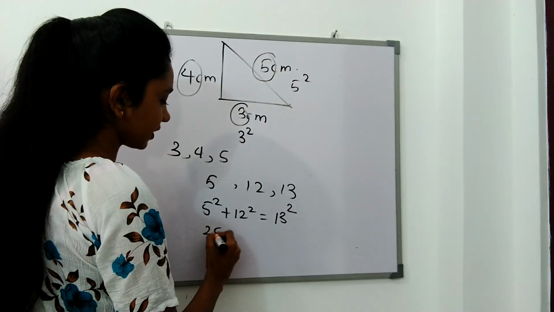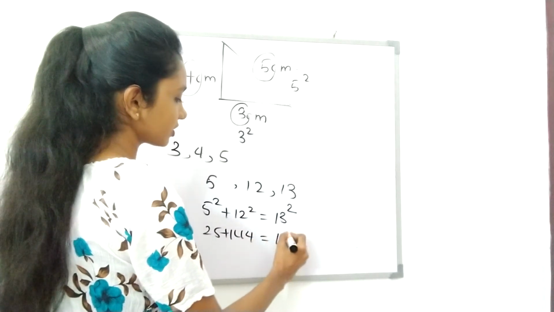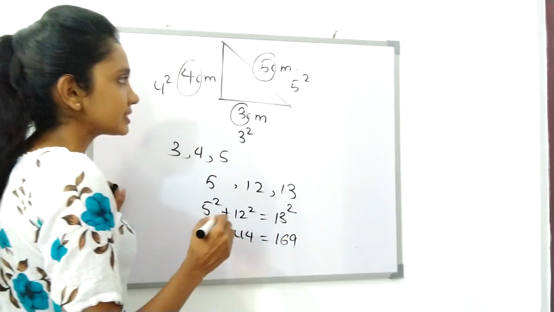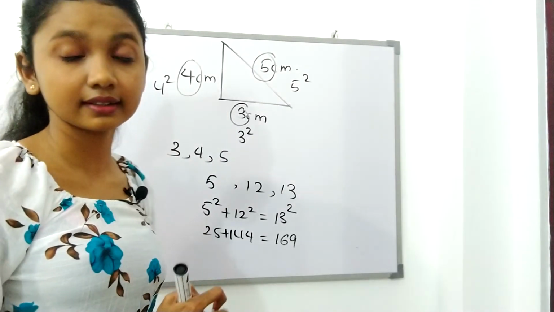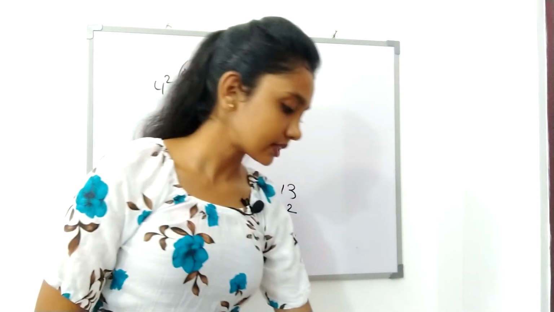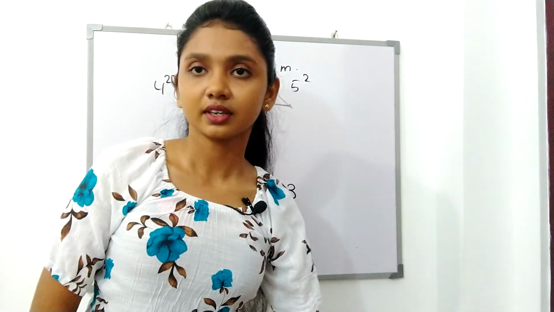That means 25 plus 144 is equal to 169. So these types of numbers are known as Pythagorean triples. That's how, children, you should learn this. Okay, thank you very much.